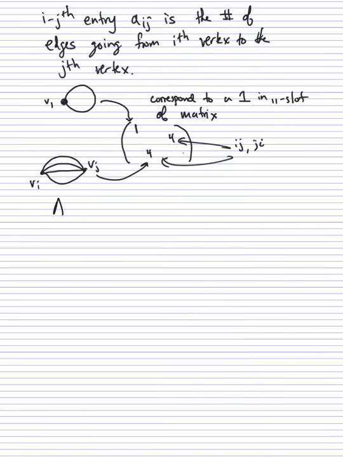So A is a real symmetric matrix. We're assuming that the graph is not directed. There's a version where you have directed edges, and then it wouldn't be symmetric anymore, since you would only count things that go from i to j and not vice versa.